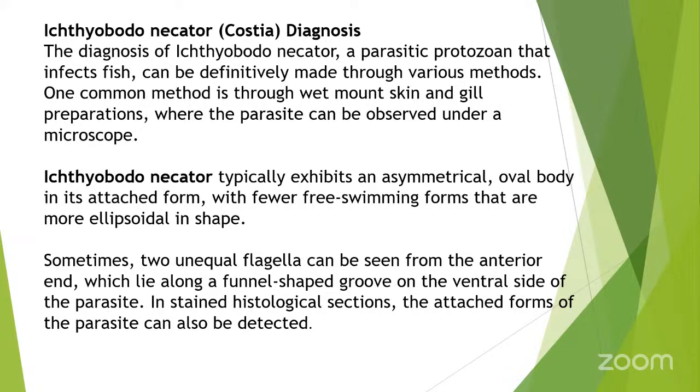One common method is through wet mount skin and gill preparations, where the parasite can be observed under a microscope. This typically exhibits an asymmetrical oval body in its attached form, with fewer free swimming forms that are more ellipsoidal in shape. Sometimes two unequal flagella can be seen from the anterior end, which lie along a funnel-shaped groove on the ventral side of the parasite. In stained histological sections, the attached forms of the parasite can also be detected.